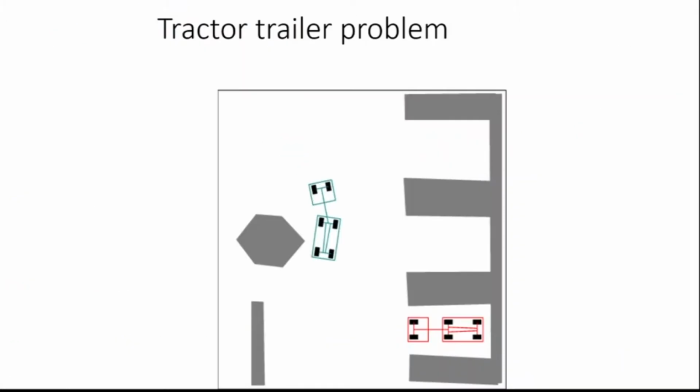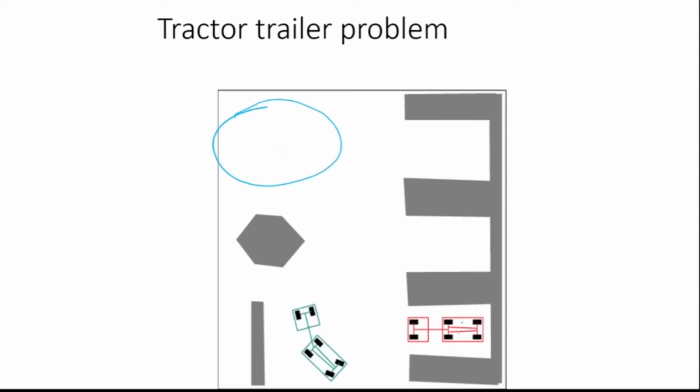Now, let's proceed further to a little bit more tricky problem, the tractor-trailer problem. In the case of a car, we understood that it is completely controllable and you can park it wherever you like. Now, what about the case of a tractor and a trailer? Suppose I want to figure out if this fellow from here can go and park there.